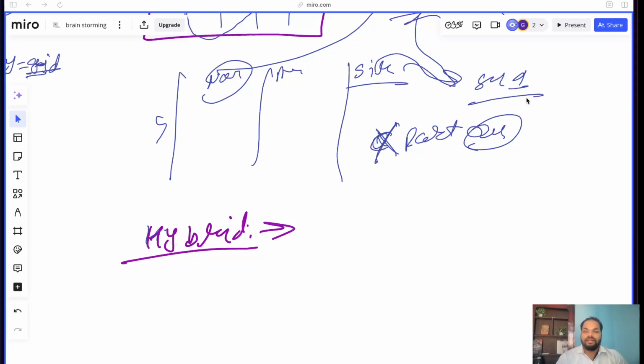Suppose you take an example of streaming services or some big corporate, where firstly you are making partitions based on geolocation, and that was the horizontal partition, right?